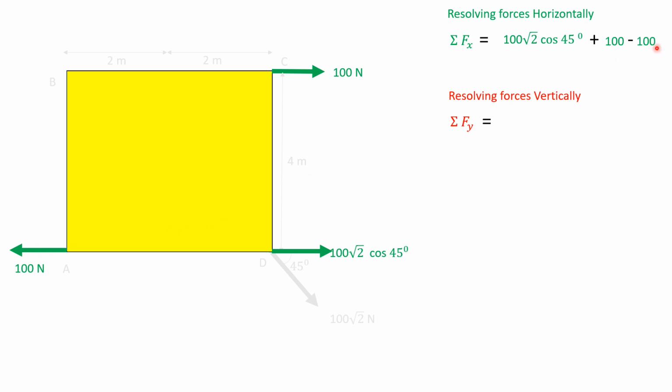So summation Fx equal to. Now resolving this force vertically, it is 100 root 2 sin 45 degrees directed to negative y-axis.